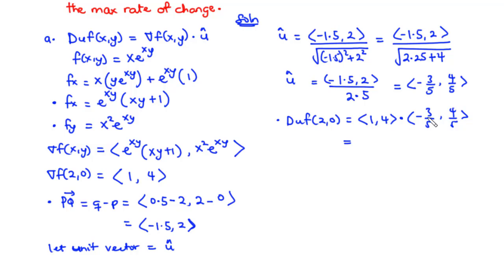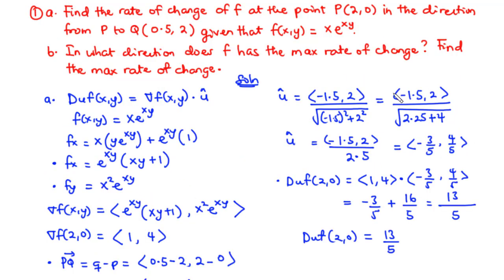So 1 times negative 3 over 5, that is negative 3 over 5, plus 4 times 4 over 5, that is 16 over 5. We have a common denominator, so we add the numerators. Negative 3 plus 16 is 13. Therefore, the directional derivative of the function at the point 2, 0 is equal to 13 divided by 5. So that is for A.